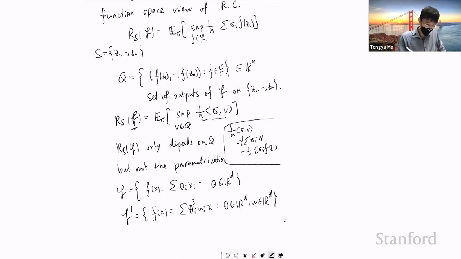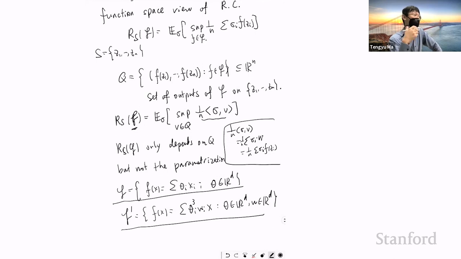This is just a weird example to demonstrate a point. So these two function classes have different parameterizations, even different parameter spaces, right? One has a d-dimensional parameter space and the other has a 2d-dimensional parameter space.